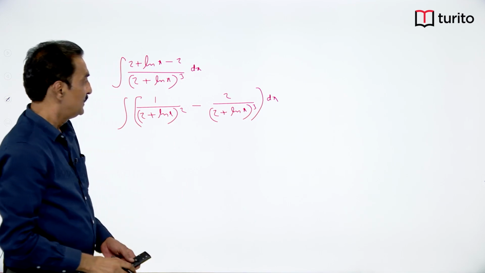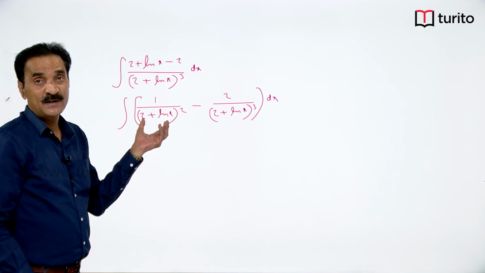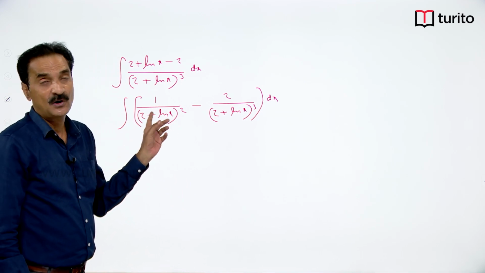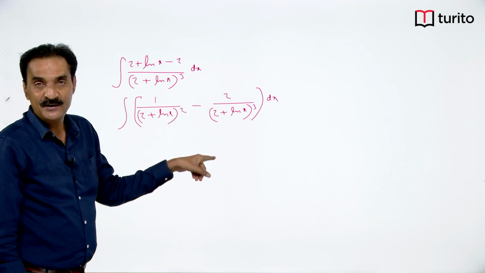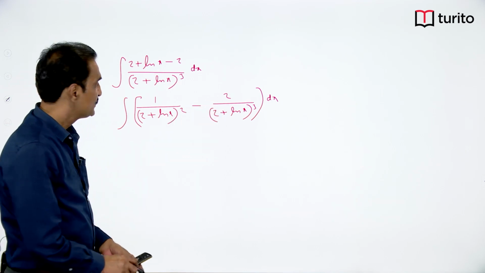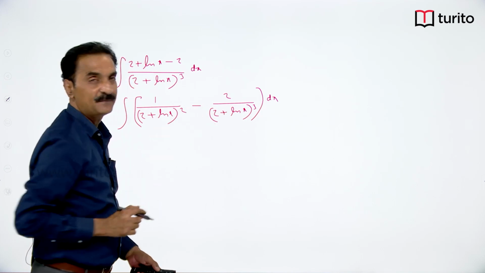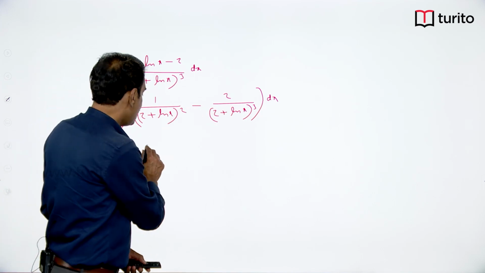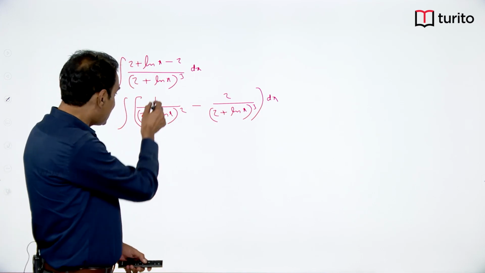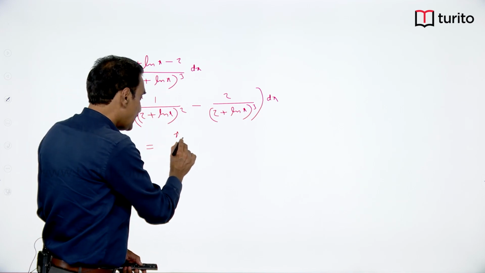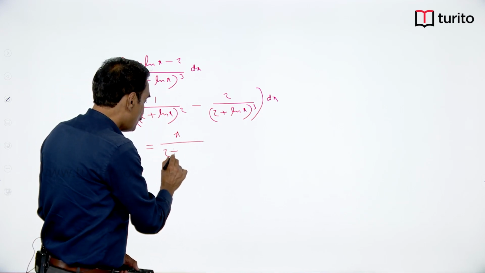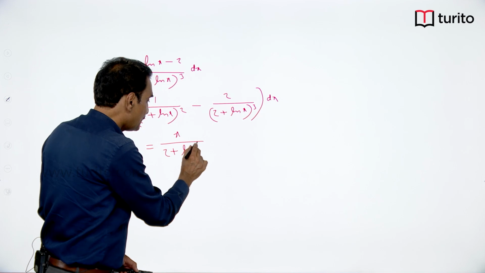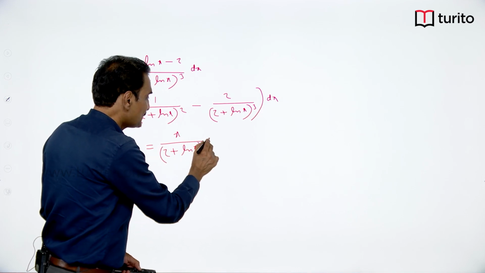Now, derivative of 1 by 2 plus ln x whole square with respect to ln x is minus 2 by 2 plus ln x whole cube. So, directly this is f of ln x, this is f dash ln x. Its integral is x f of ln x, means x into this. You will get x by 2 plus ln x whole square plus c.